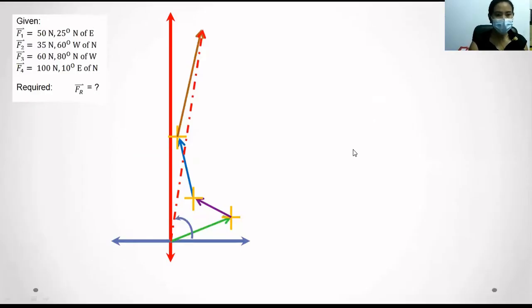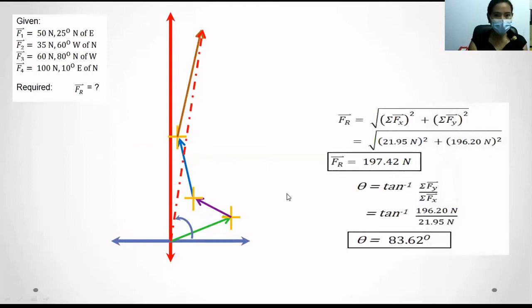we have to consider the summation of f sub x and summation of f sub y as shown in these calculations. So our formula to find our resultant force is simply equal to the square root of the summation of f sub x quantity squared plus the summation of f sub y quantity squared.